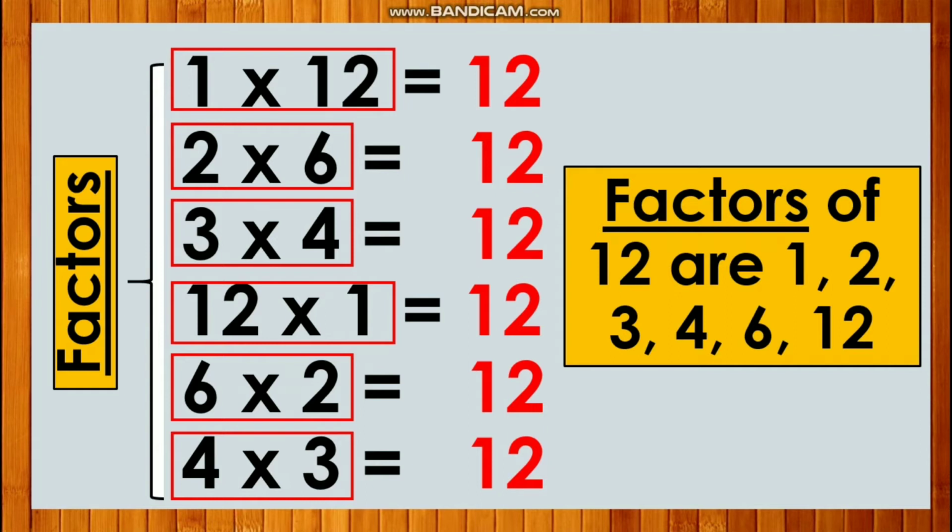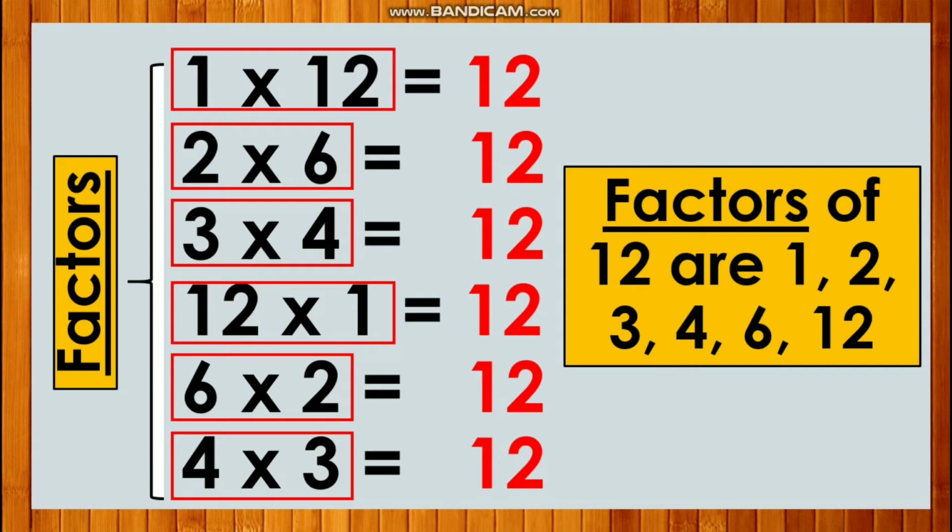Even if we repeat a number, we just write it once. And as you can see, we write the factors of a number in ascending order so that we do not miss any factor.